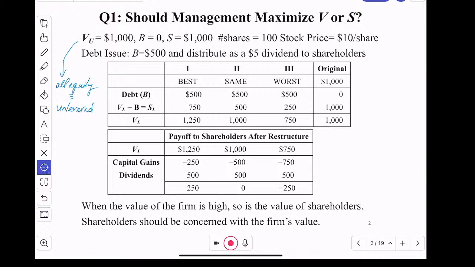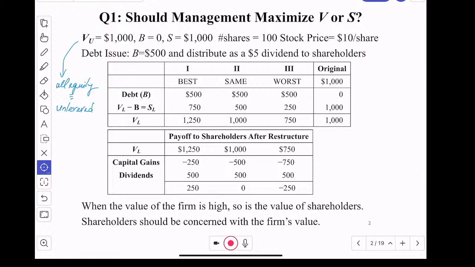So this firm has debt and equity. It's called a levered firm or levered. So let's say it's the best thing that happens. So its value goes up to 1,250. In that case, we could calculate shareholder equity. Shareholder equity is 750. It went down to 750.